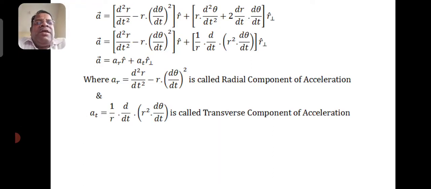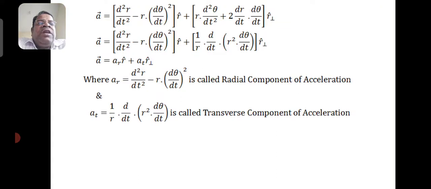Finally, you have to write a equals the first bracket as ar into r cap plus the second bracket as at into r perpendicular cap, where ar equals the first bracketed term, that is d square r by dt square minus r into bracket d theta by dt square.